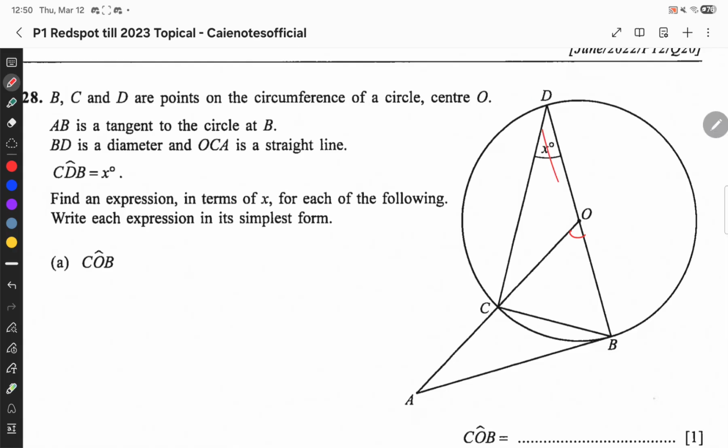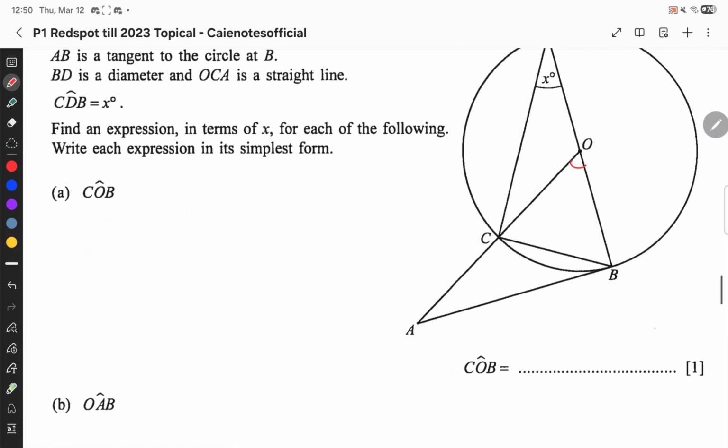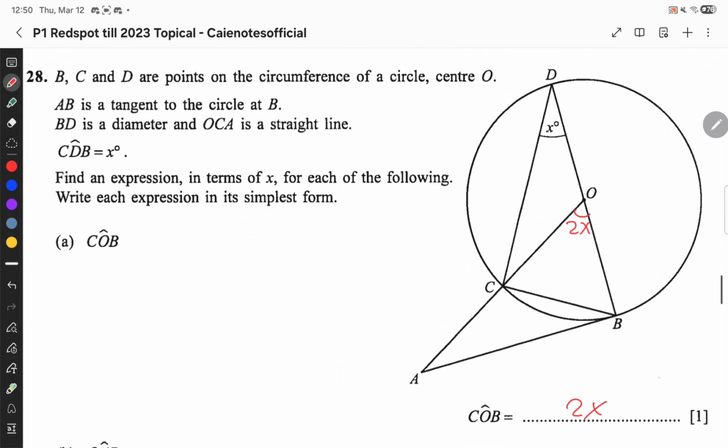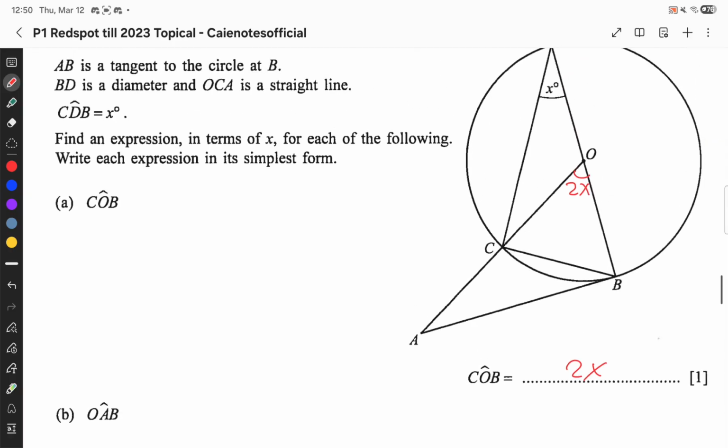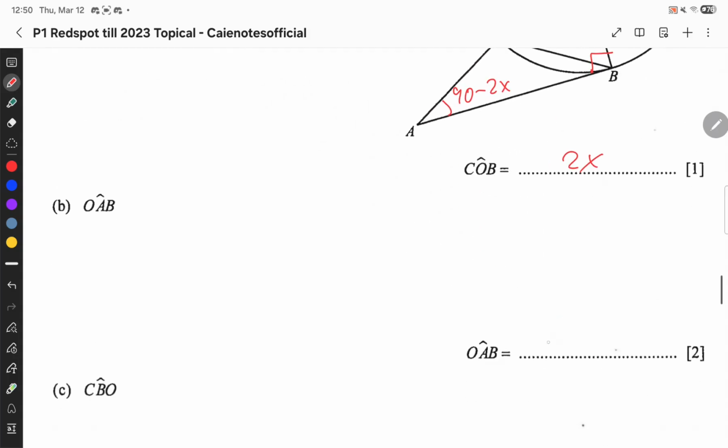This will undergo angle at center, so this is 2x. OAB. This is 90. Yeah, 90 minus 2x.